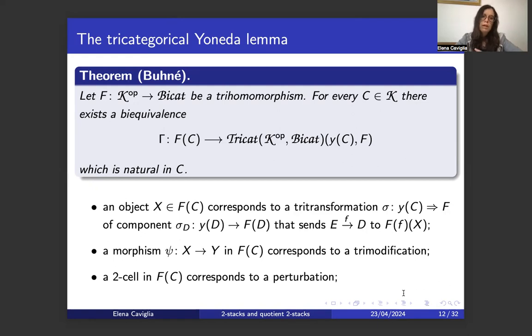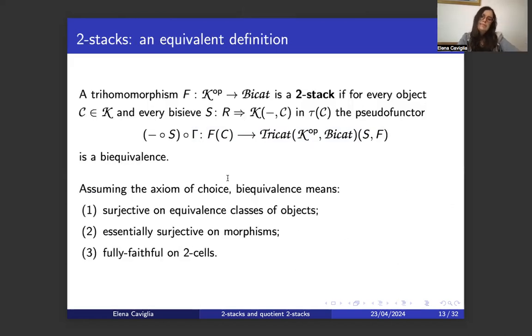And so using the three-categorical Yoneda lemma, we will be able to give the explicit conditions. So we can start with a characterization, if you want, of 2-stack, but a very easy one. So we said that a trimorphism is a 2-stack if for every object the pseudo-functor of precomposition with every bi-sieve is a biequivalence.